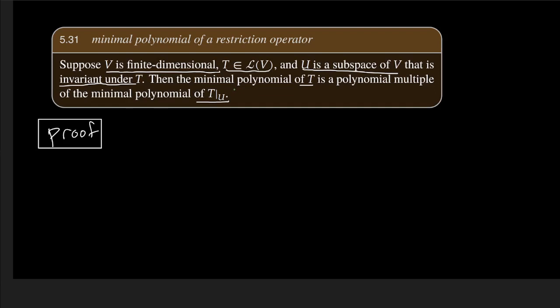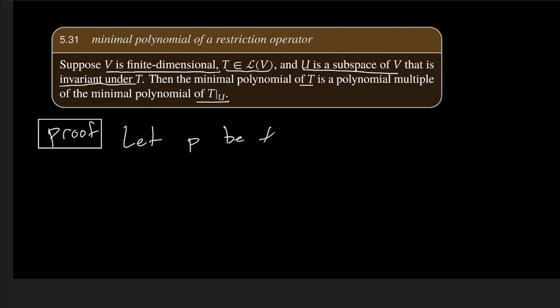On all of those small invariant subspaces, we can get the minimal polynomial of T restricted to that subspace. Then putting them together, we should get back the minimal polynomial for all of T. This is our roadmap for where we're going to go. All right, let's prove it.